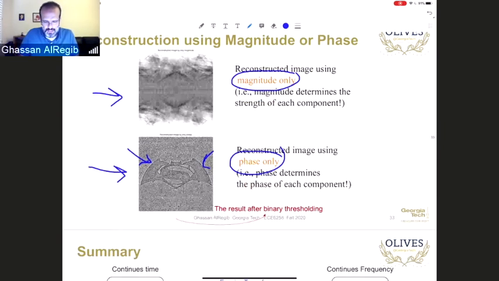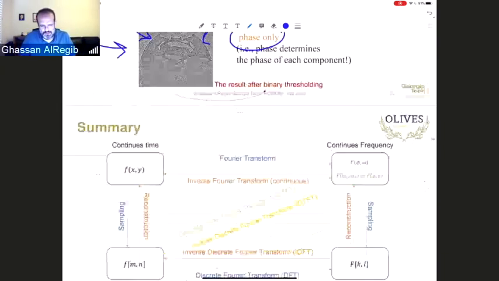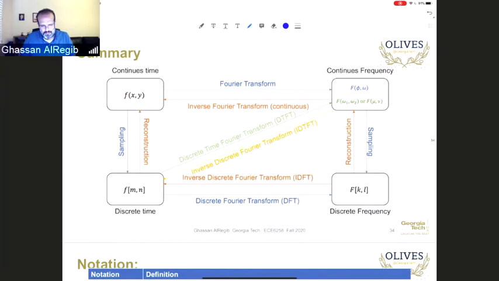Okay, I always like to show this one here because I'm hoping this really puts things together. You have the continuous time signal, f of x and y. If we do sampling, we get f of m and n. Or we do reconstruction with the sinc functions or using zero order hold or some of the other ones we studied.